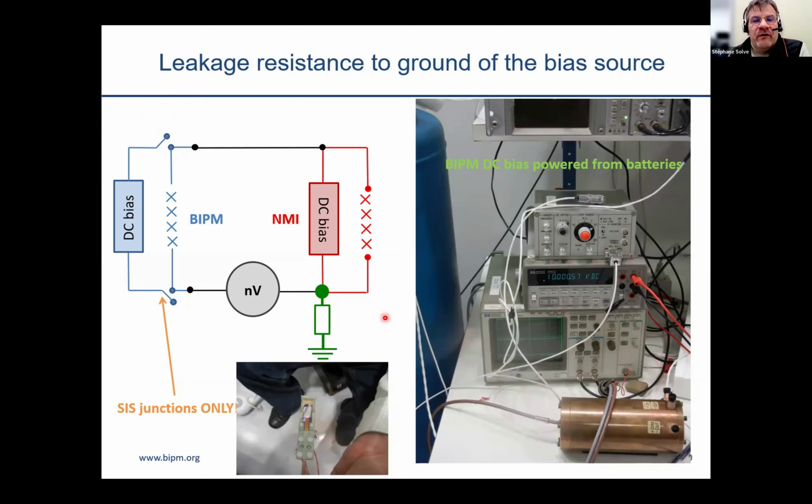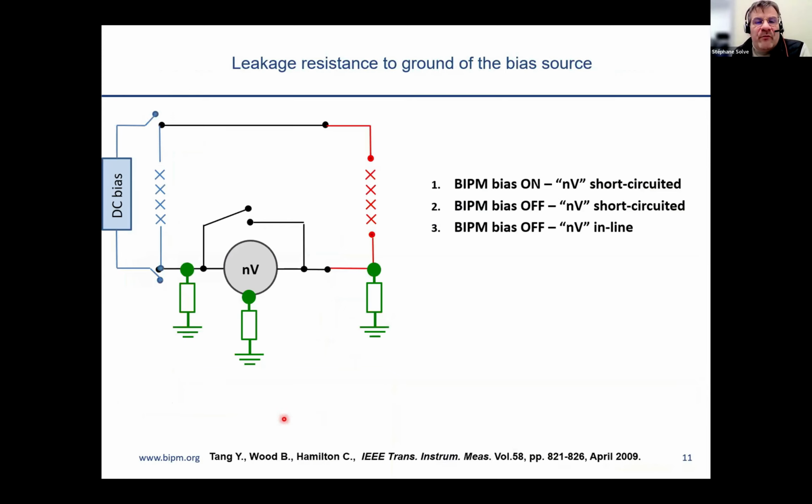Let me show you how we can do that. We are going to follow a protocol that was first introduced by Iwatch, Barry Wood, and Clark Hamilton in 2009. The basis is to install a switch across the nanovoltmeter, and we will follow these steps. The first one is to short circuit the nanovoltmeter and to close the BIPM bias source to the array.